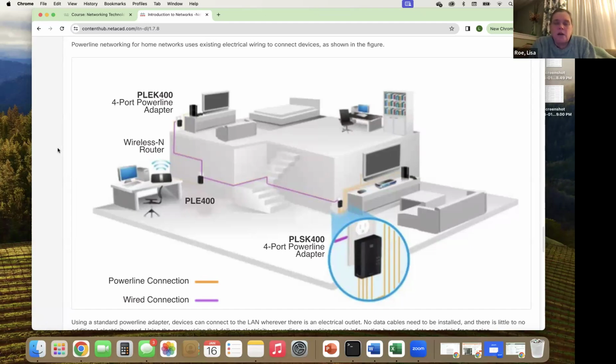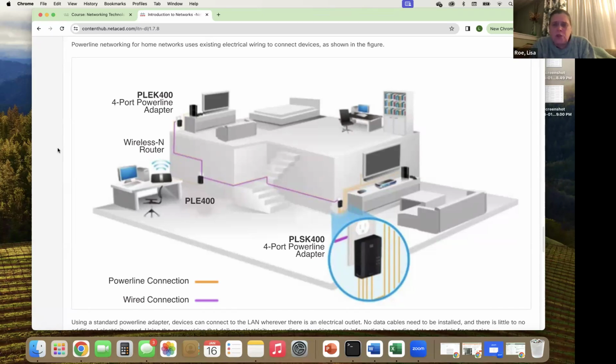The closest I've ever come to using something like this is my power over Ethernet devices. So I have a lot of access points in my school that I manage. And running power to all of those access points is hard. That's kind of the opposite of what this is. But if I plug an Ethernet cable into my access point, that powers it up, kind of like a USB can get powered up with a laptop.